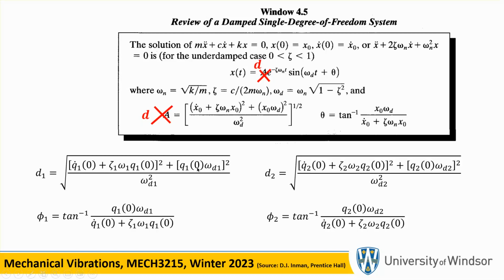So what you see here is exactly the line up there, except that it's written for the first equation and it's written for the second equation. For the first equation, anytime you see an x, it's q1. For the second equation, anytime you see an x, it is q2. Okay? So nothing new here. It all goes back to a single degree of freedom system and the fact that we know how to decouple our equations.